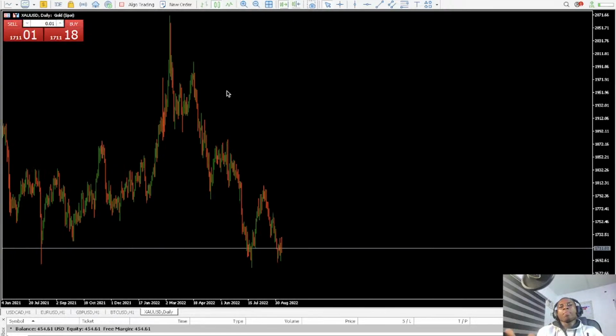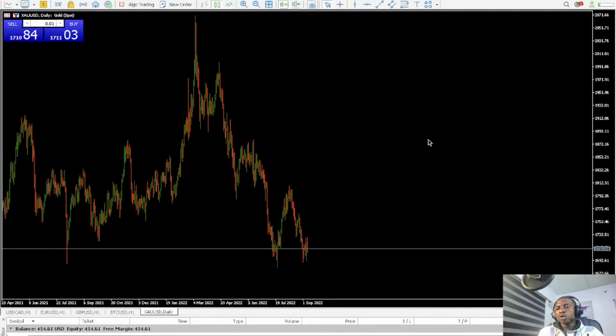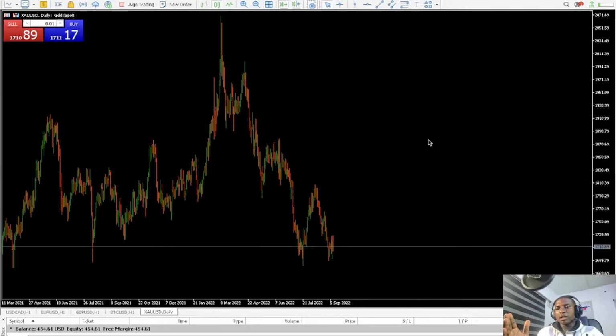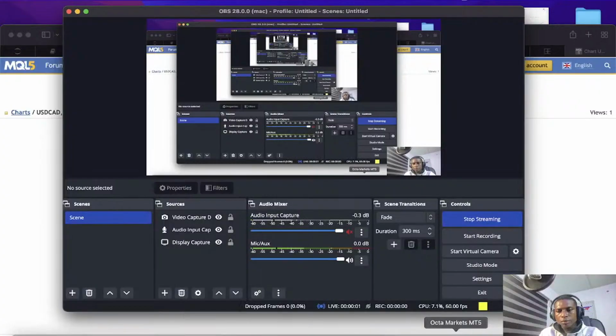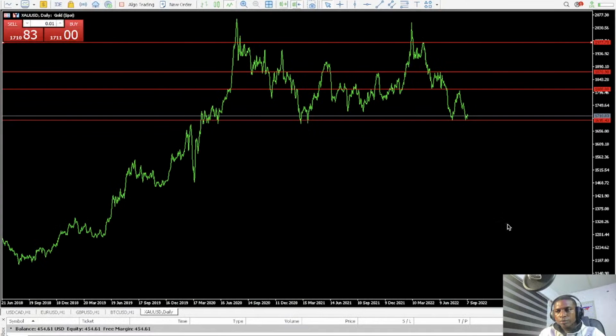Obviously when you look closely on the gold market, you will discover that the gold market has actually. Good. So now we've marked out levels of support and resistance on the gold.